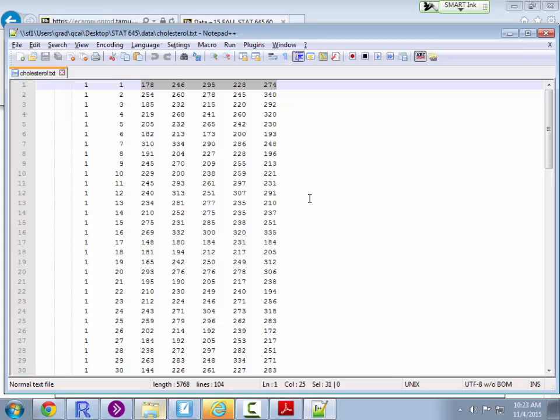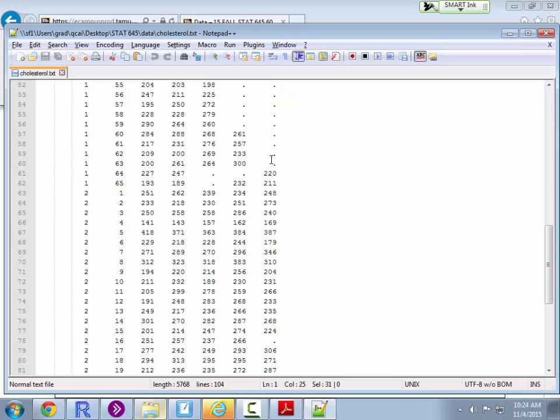One detail that needs to be addressed: if we scroll down, we see the ID, the second column, is going 1, 2, 3, 4, and that's all for treatment group 1. If we scroll down, here's where treatment group 2 started, and the IDs started over at 1. So this is the first individual in the second comparison group, and so on.